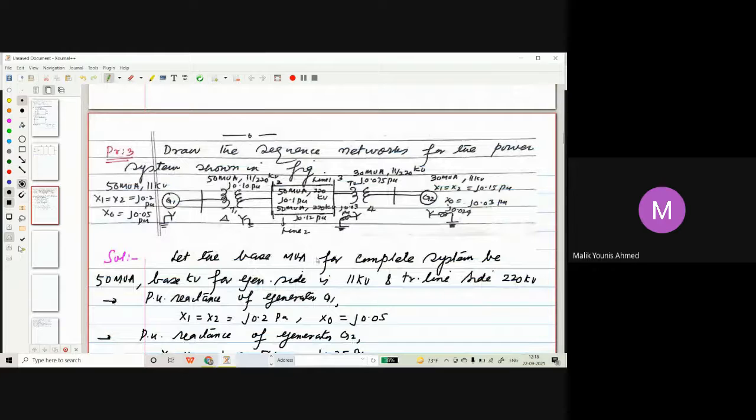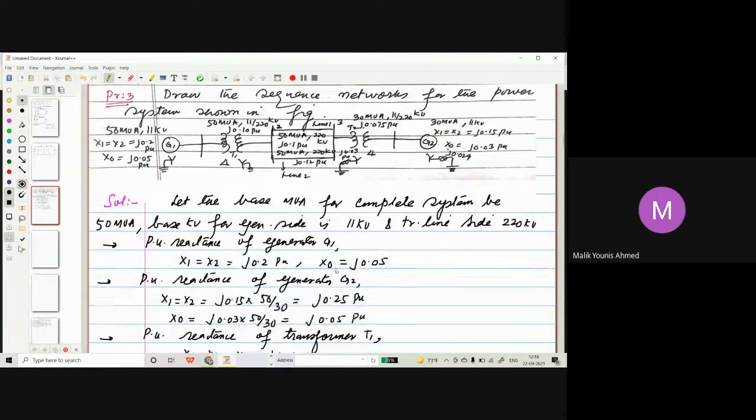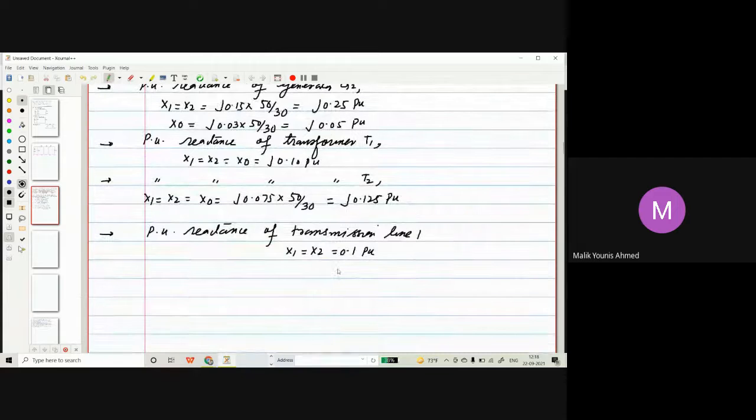And now here one thing we have to assume. If it is not given for the zero sequence, we can't take it directly as the zero sequence. So there is one assumption we have to make, and that's a very important point here. For a transmission line, whatever reactance values are given are for the positive and negative sequence reactances.